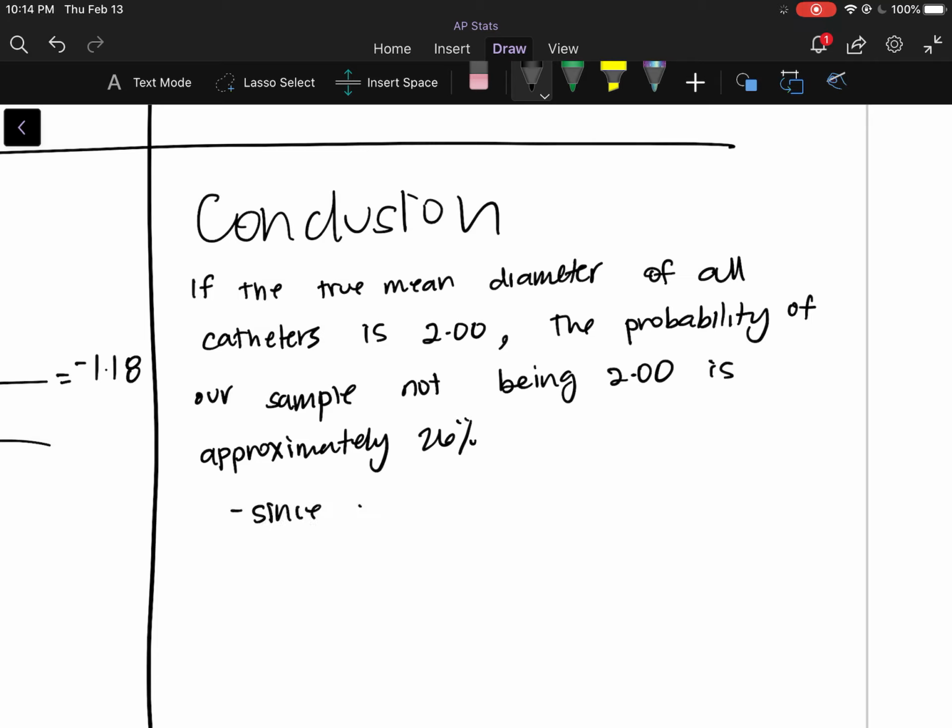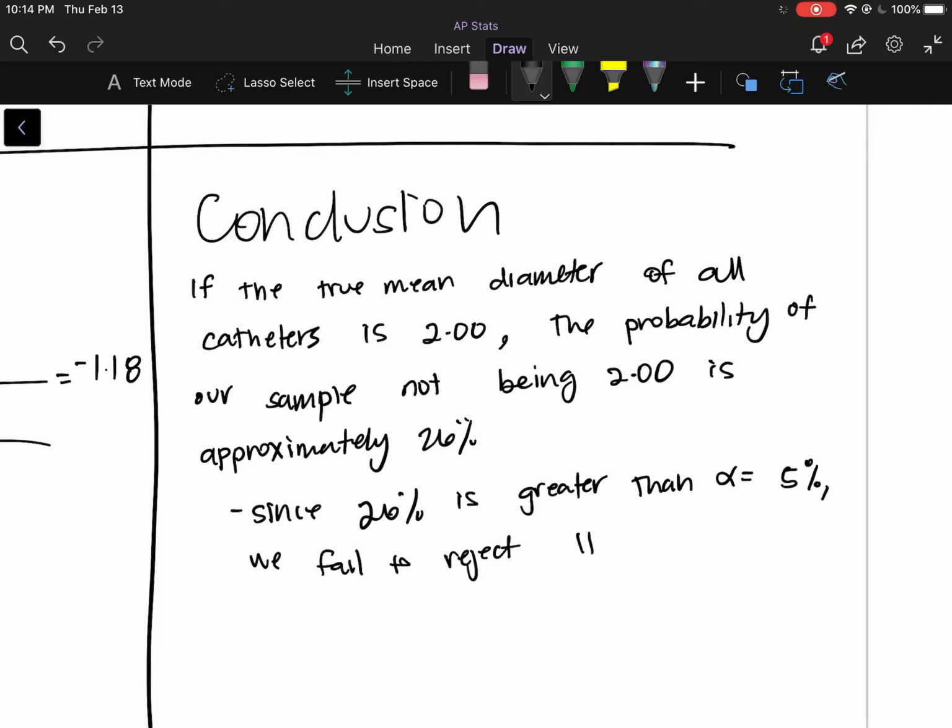Since 26% is greater than alpha equals 5%, we fail to reject H0.